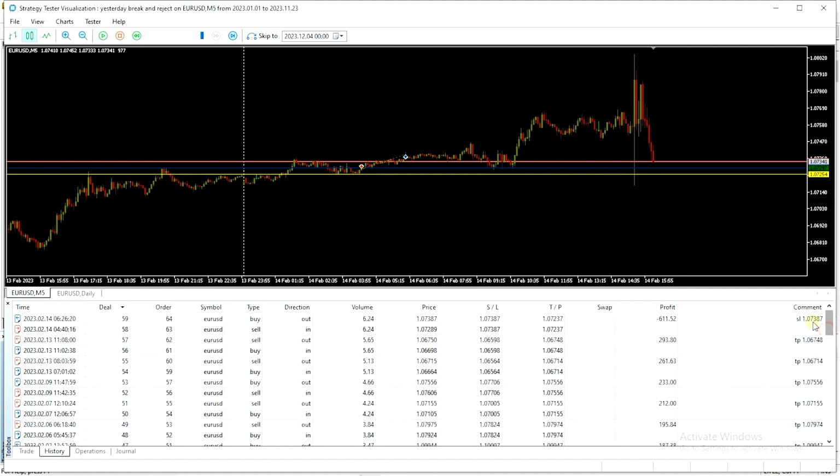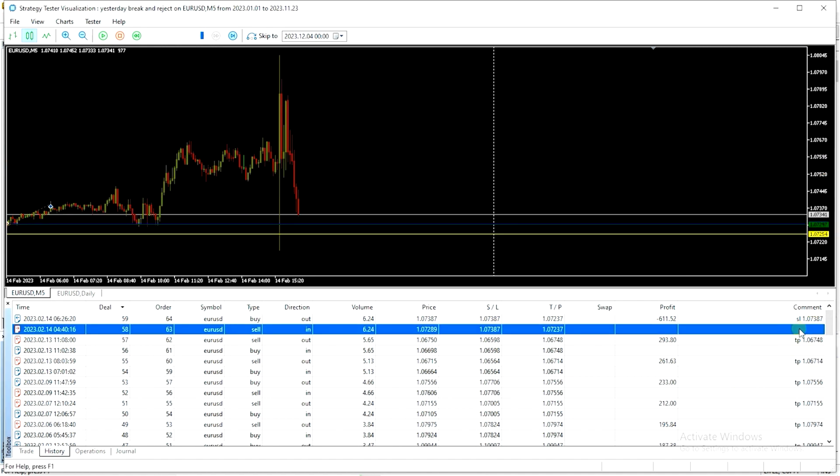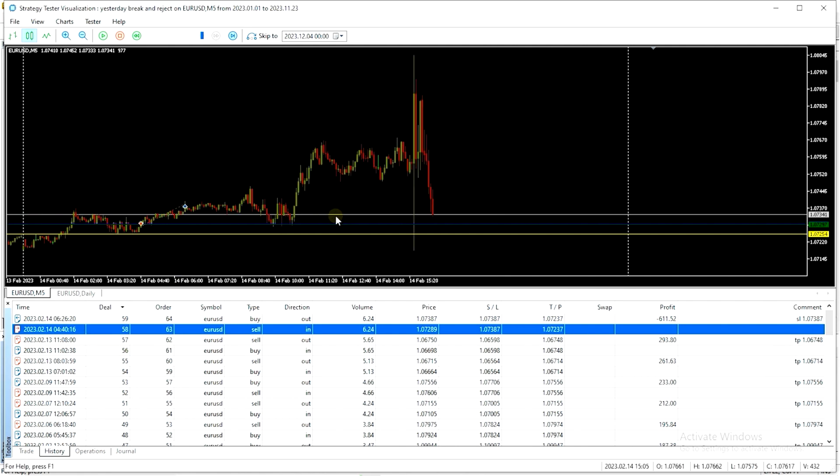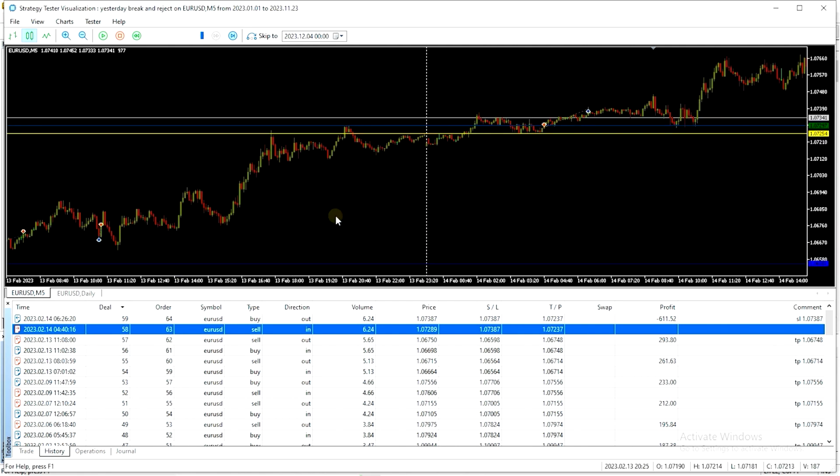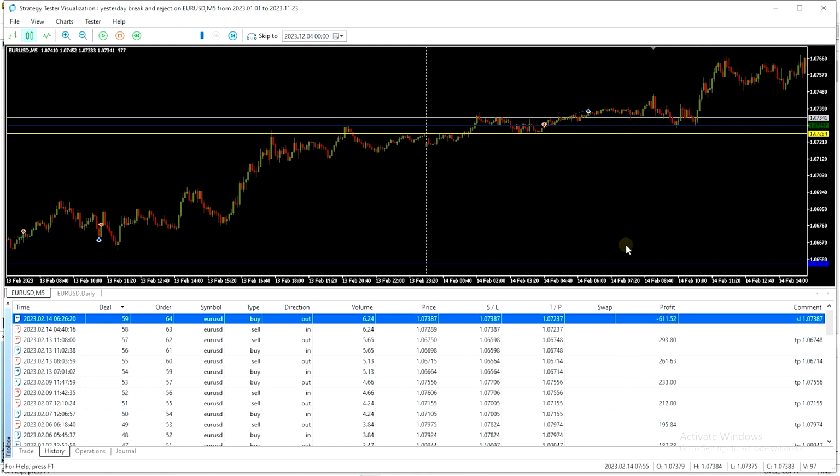So here we had a stop loss. I want to check it, what happened here. So here we can see the price rejected to previous day's range and creates a range here, but price went up and it had 600 loss.